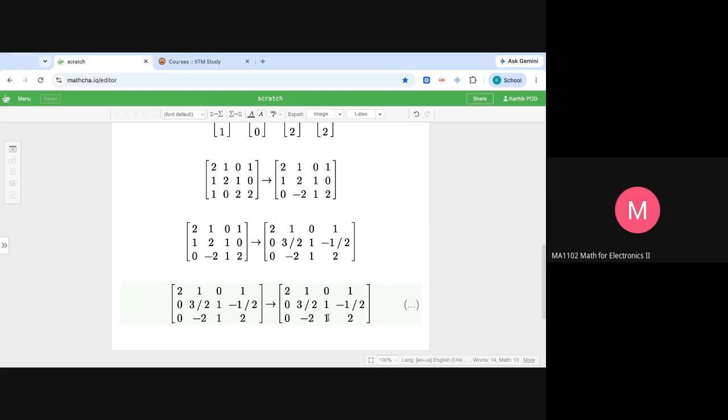Maybe we can just add 4 by 3 times row 2 to row 3, right? Or we could get rid of the denominators here so that life is easy. This is 3 by 2, so this 3 goes, this becomes 2, and this becomes minus 1.